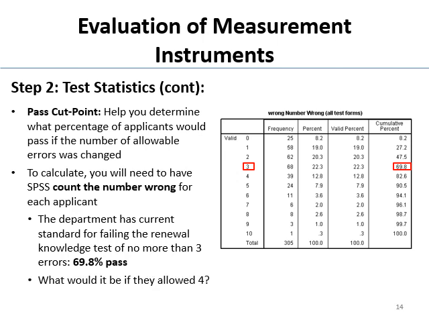So what would the pass rate be if they allowed 4 errors? So this is picking cut points. So if we allowed 4 errors, what would we do? Well, instead of using cumulative percent for 3, we would use cumulative percent for 4, and 82.6% of people we would predict would pass DMV's test if they allowed 1 more error.